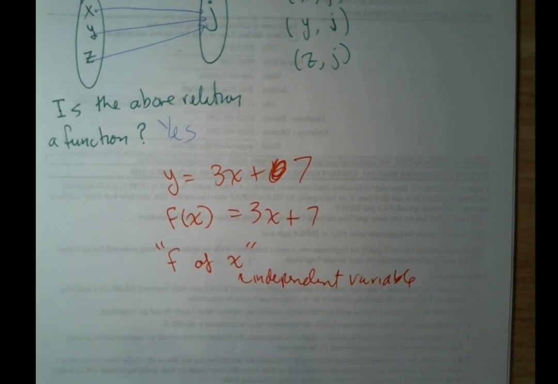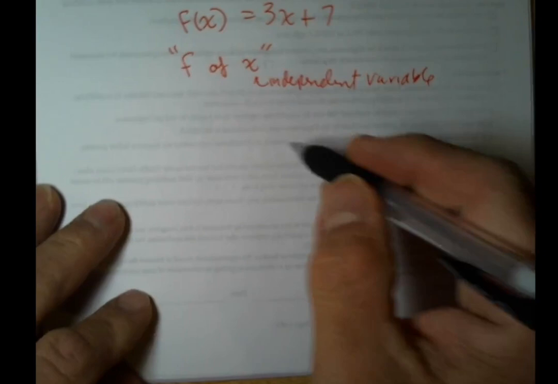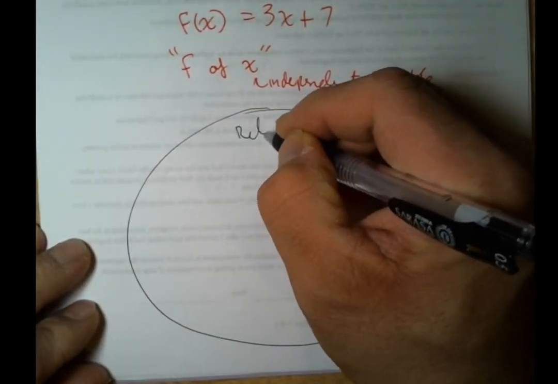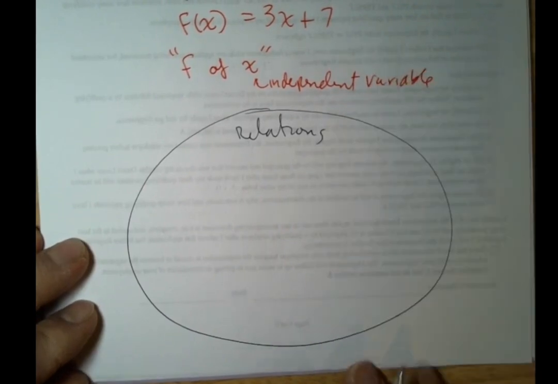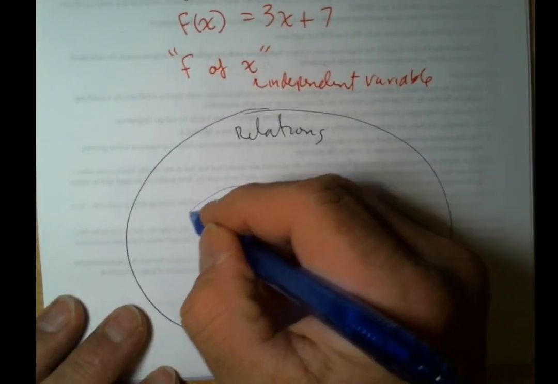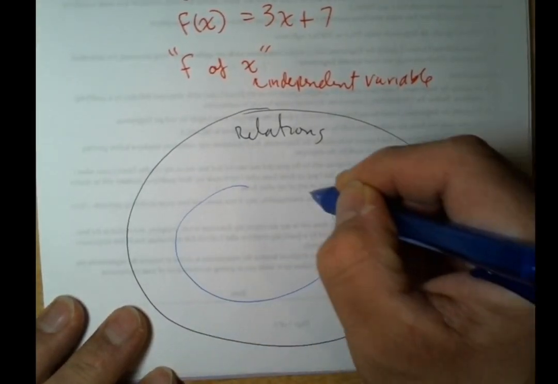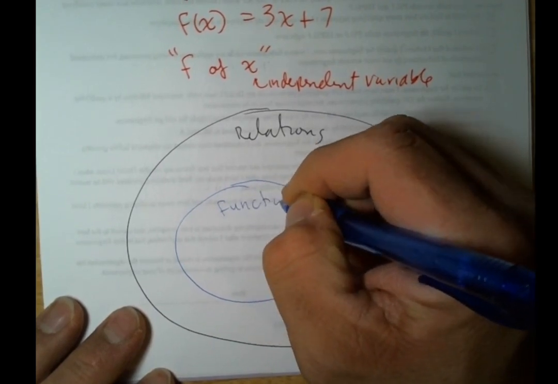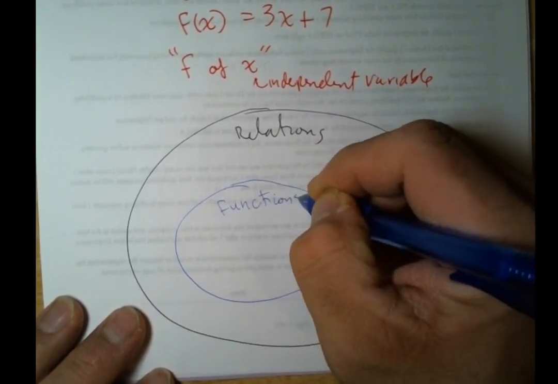Okay, so what we learned so far is that in our math we have this big old set of relations, almost like a Venn diagram. This big set represents all relations. Within the set of relations there is a little subset. Not all relations, as we've seen, satisfy that definition, but inside there we have functions.